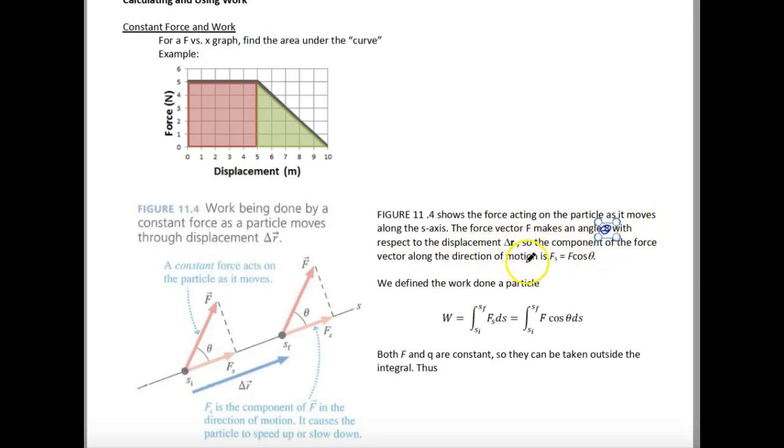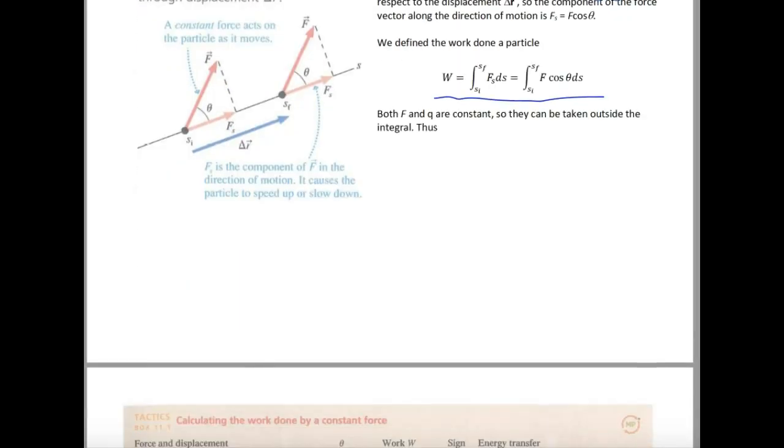So the component of the force vector is the F cosine of the angle. So that's where that cosine comes from. So here's our equation modified where we had F_s ds. Now we have F cosine of the angle in relation to that change in position. So both F and the angle, so this should be angle theta, not Q, are constant, so they can be taken outside of the integral.